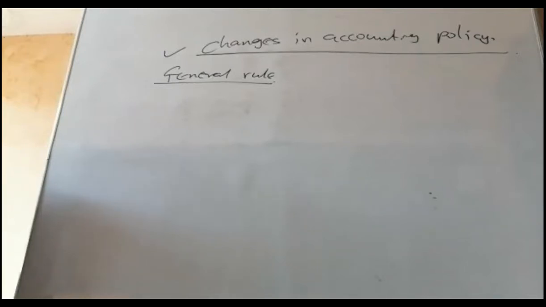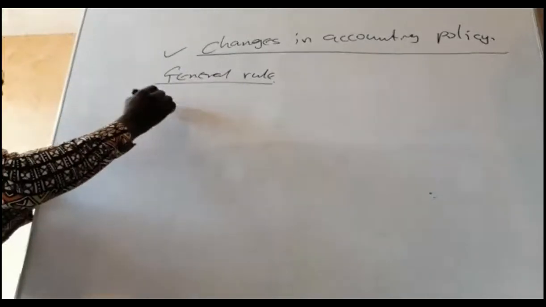Comparability. So the accounting policy should not be changed. It must be kept the same from time to time to enable comparability. So that is the general rule. So it means that it's not easy for you to change your policy. The policy that you selected, you have to make sure that it is the same.